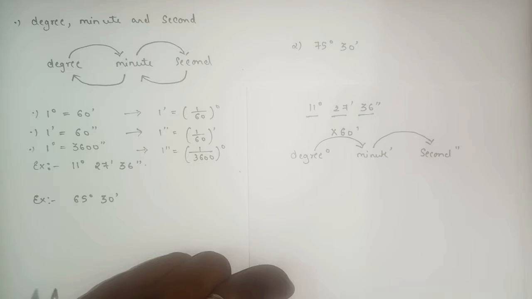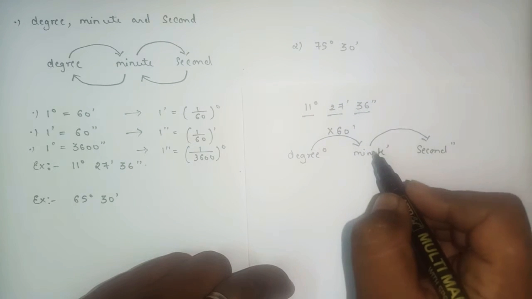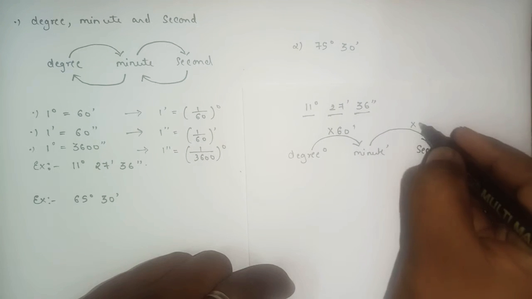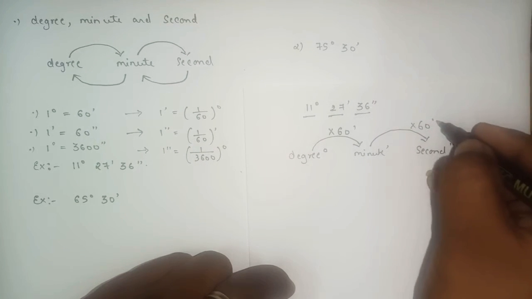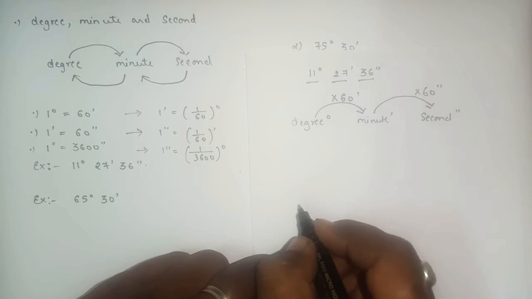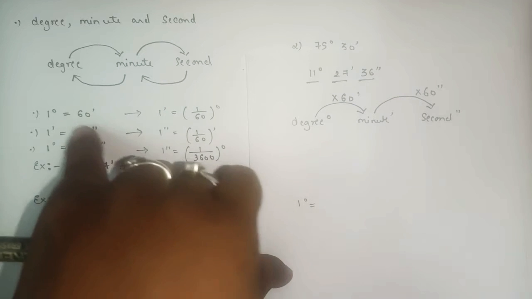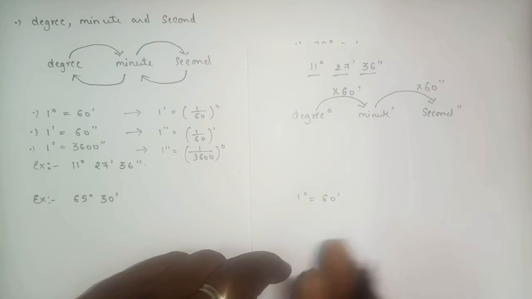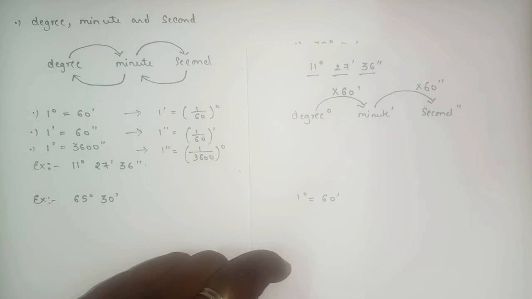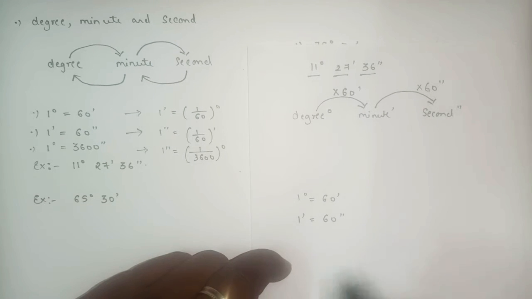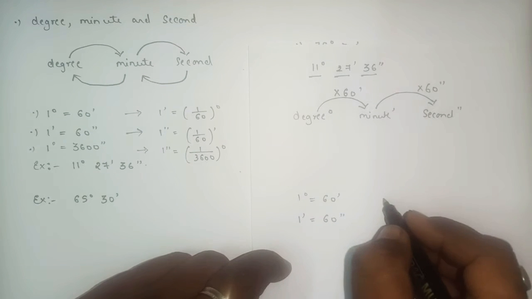And to convert minute into second, again you multiply that number by 60. In simple language, 1 degree is equal to 60 minute, and 1 minute is equal to 60 second.